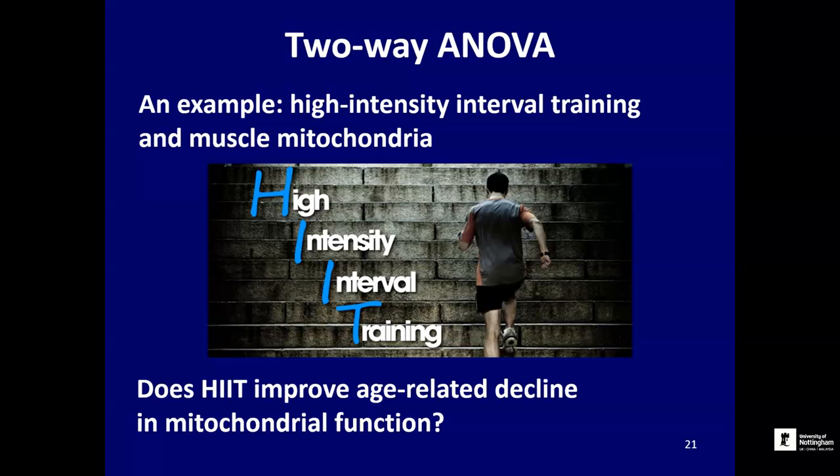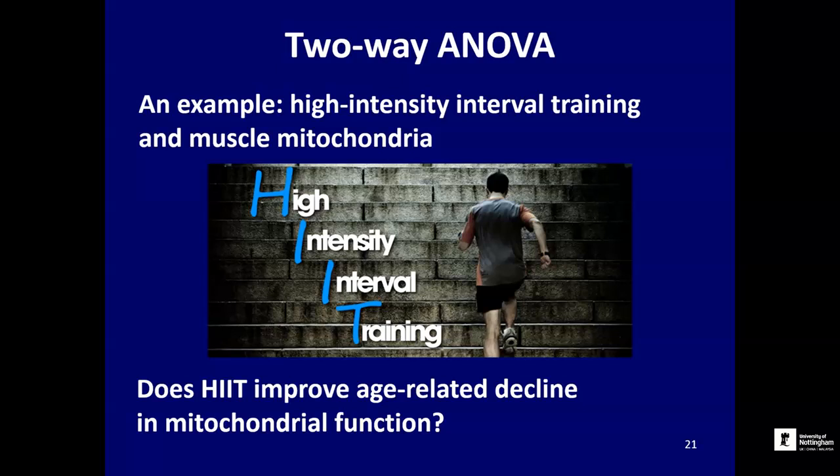So this is the example I'm going to talk about, which comes from a recent paper looking at this so-called HIIT training, and whether it or other possible programs of physical training might be able to improve mitochondrial function in older people. So in older people, mitochondrial function is seen generally to decline, in the muscles in particular.